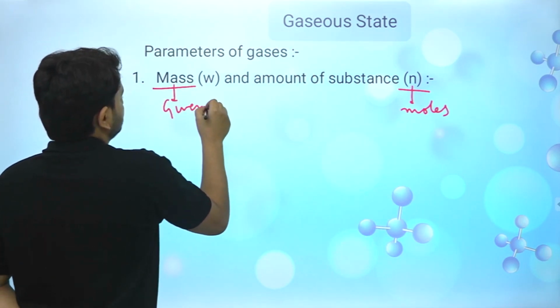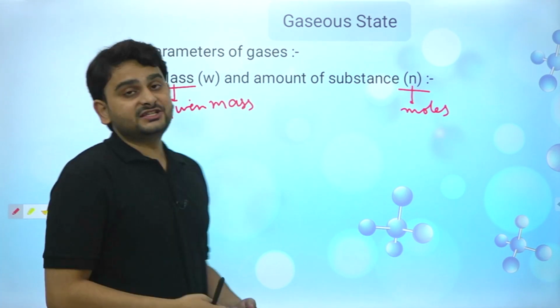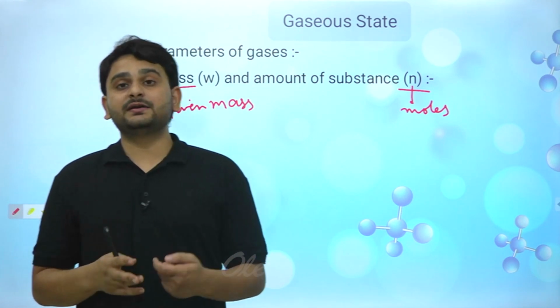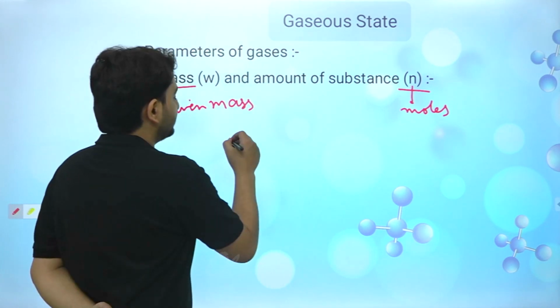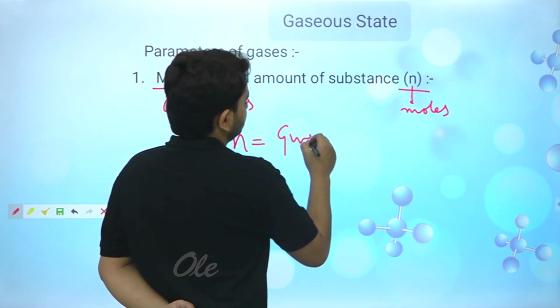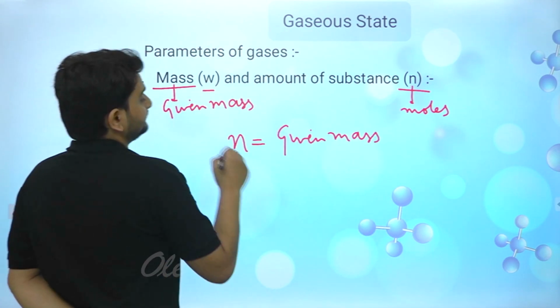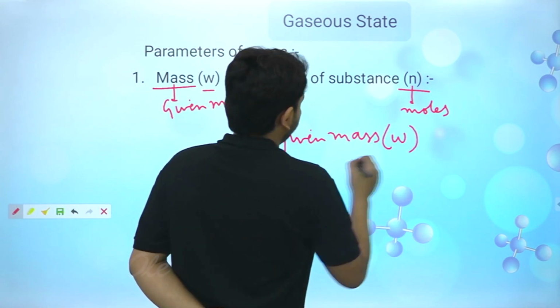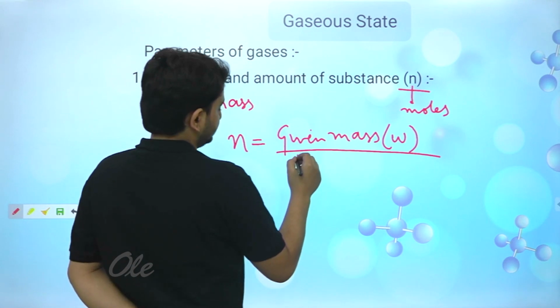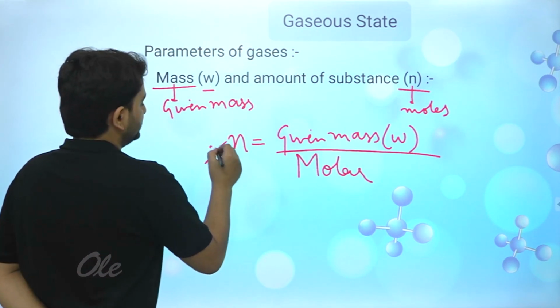We've already seen the formula in earlier chapters of physical chemistry when we were covering the mole concept: the number of moles n is the given mass, which in this case is given to be W, over the molar mass.